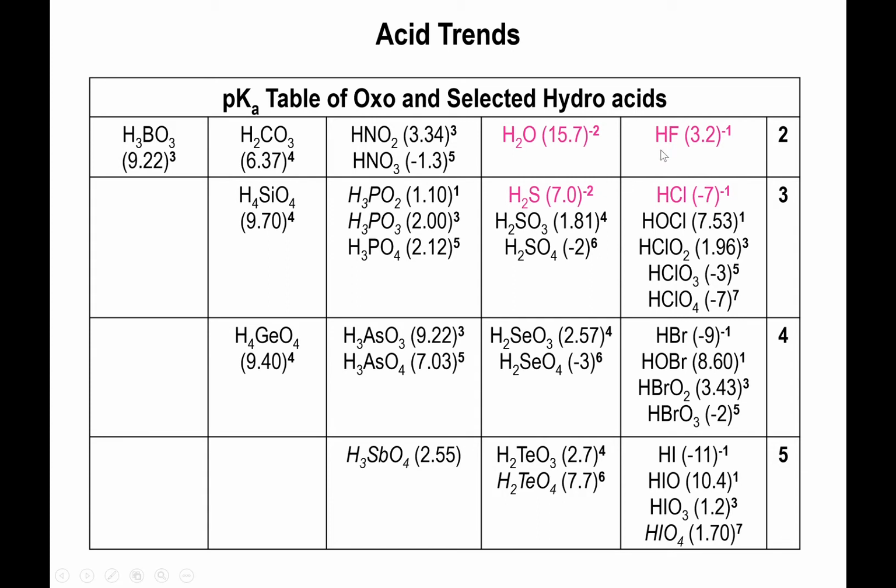So removing those electrons away from the hydrogen makes it easy for the substance to lose an H plus, which in turn makes the substance more acidic. So electronegativity for your binary acids is the reason why going from left to right, you have an increase in electronegativity, an increase in acidity.